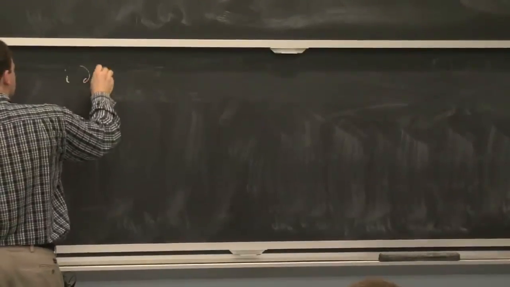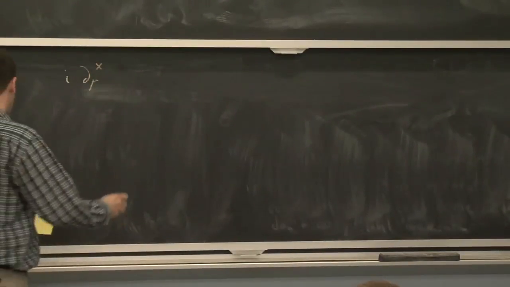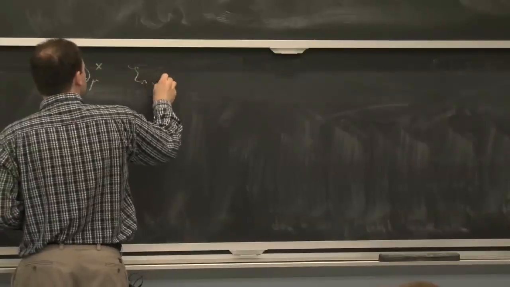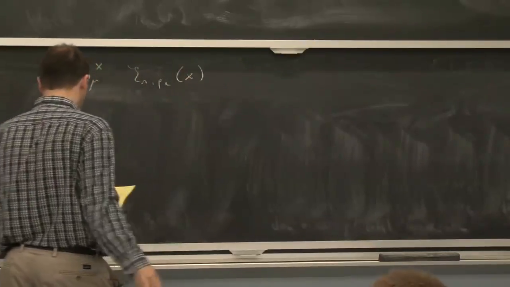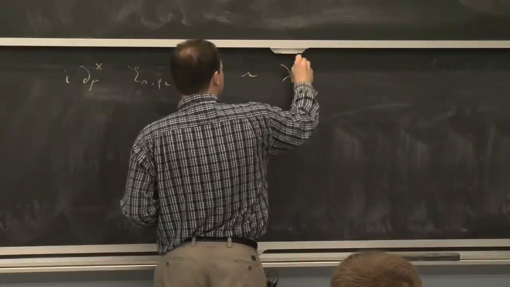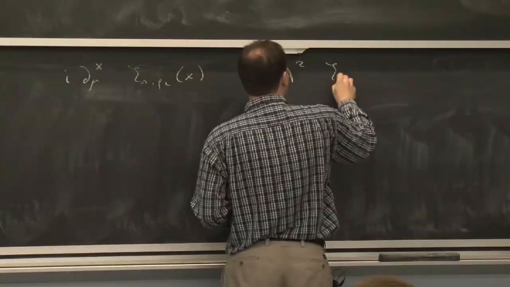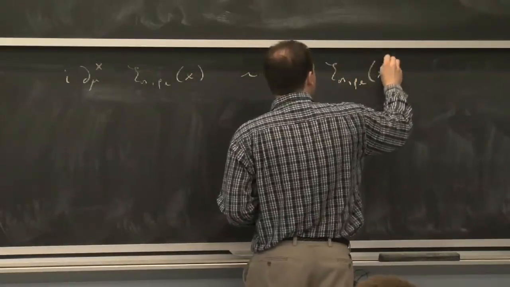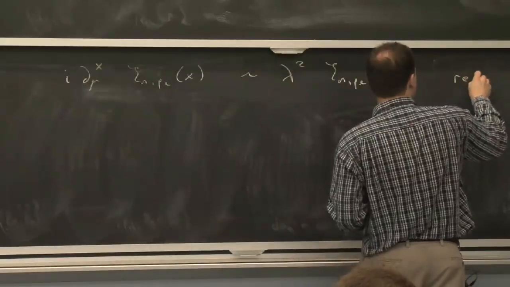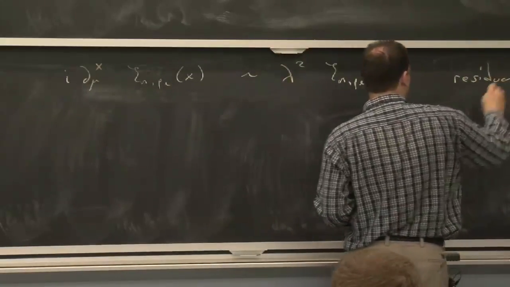One is just, if you like, a standard derivative in the x space, which acts only on that coordinate. And that derivative scales like lambda squared. So that's residual, talking to residual momenta.